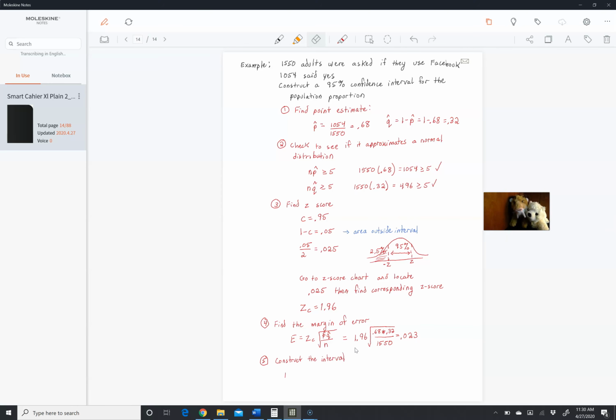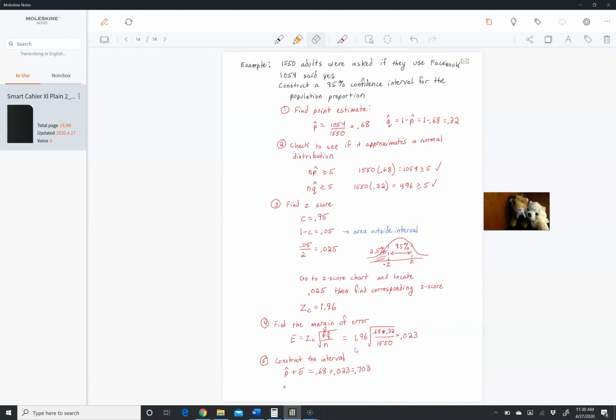So remember, we take the point estimate, which is p hat, and we add the margin of error. So in this case, p hat was 0.68, and we add 0.023, which is 0.703.